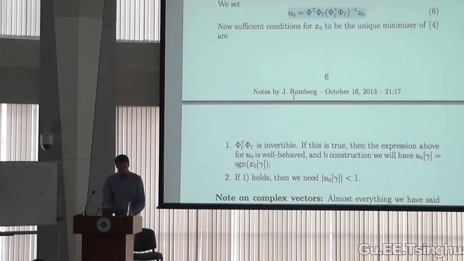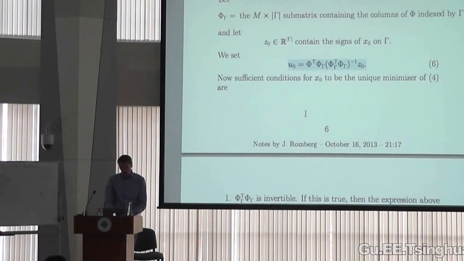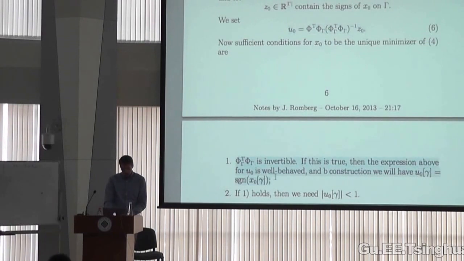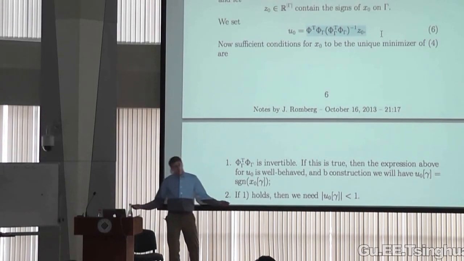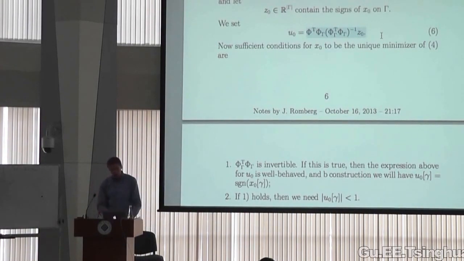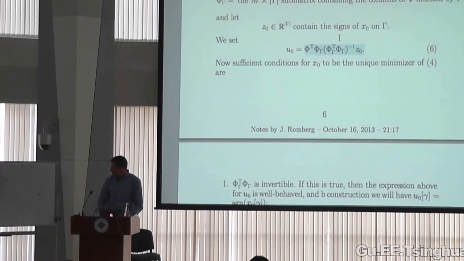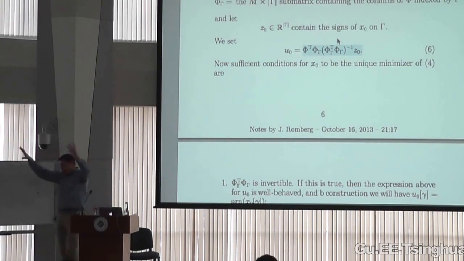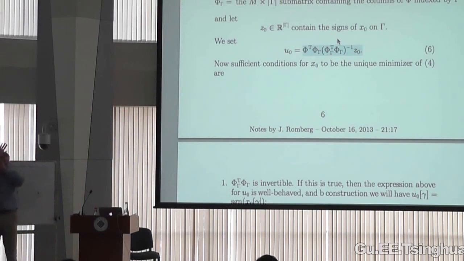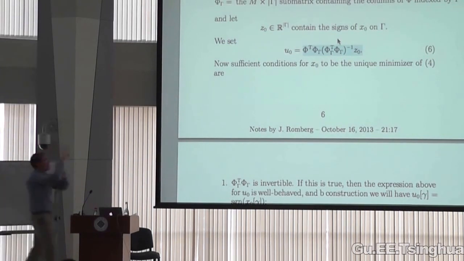Then what you have to do is check that, if that holds so this expression makes sense, everywhere off the support u naught is less than 1. So that's one thing you can do to get a sufficient condition for L1 recovery. I give you a matrix phi, and I give you an S-sparse vector x naught supported on gamma with sign sequence z naught, and I ask: can I recover x naught if I observe it through phi?